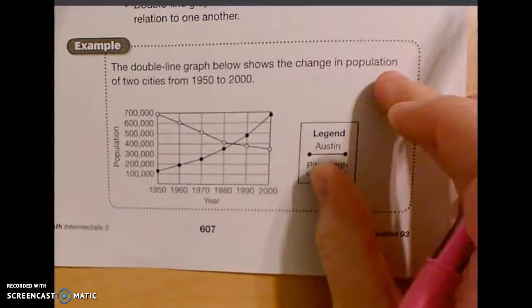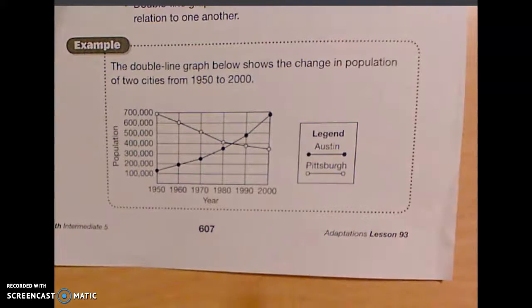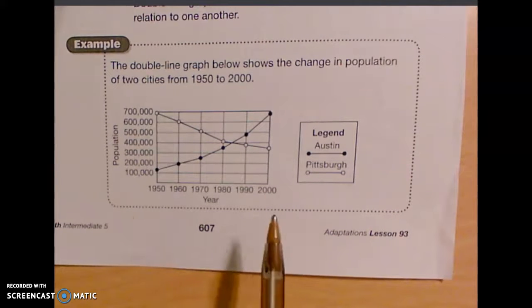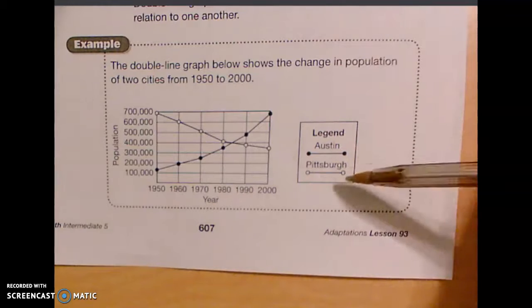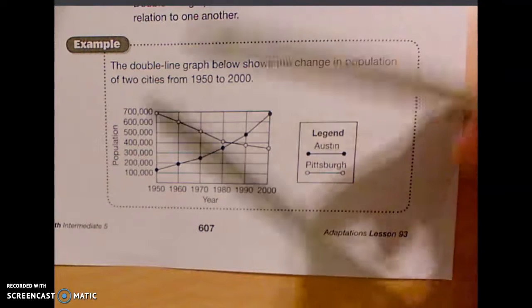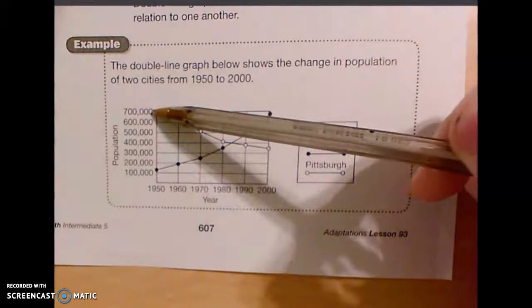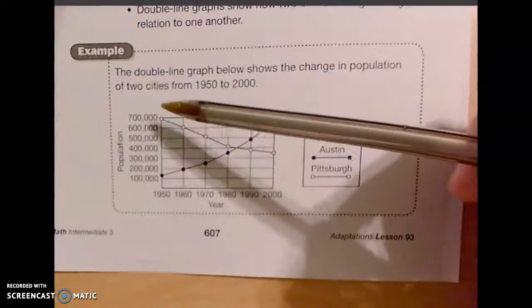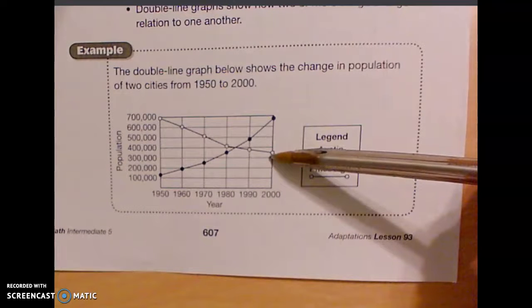Well, the first thing we need to figure out, this is a time period of how many years? 50-year period, okay? Pittsburgh population declined from about, and again, it's going to be the one with the open dots here, about 700,000 to about 350,000.